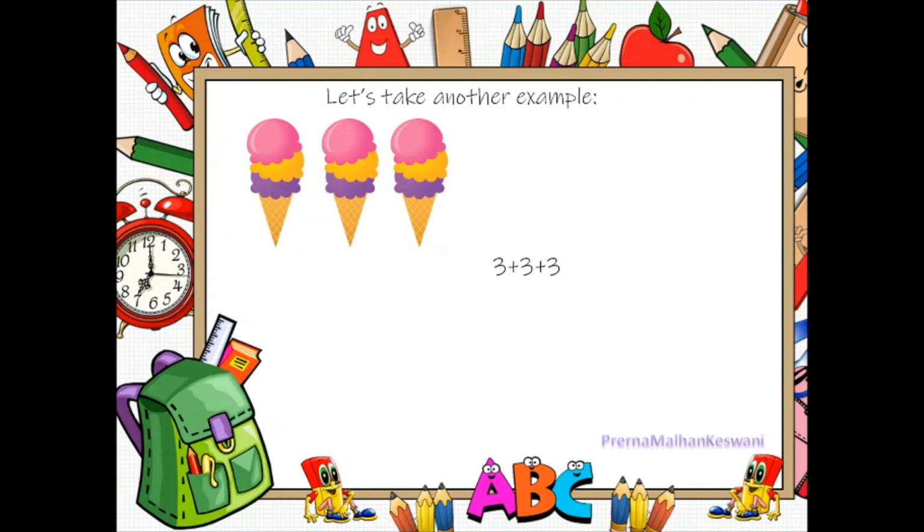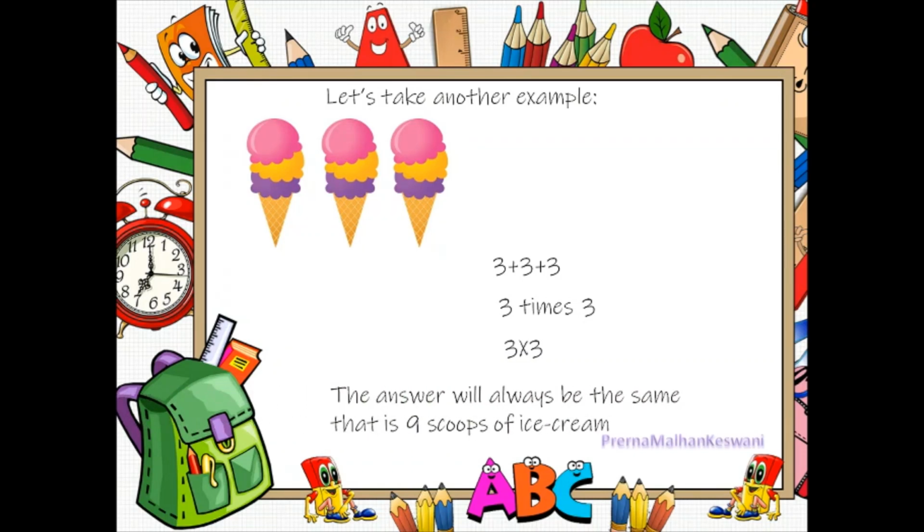That means how many times have we written 3? 3 times 3, which can also be presented as 3 cross 3. And you already know the answer to 3 cross 3 is 9. So the total number of scoops is 9.